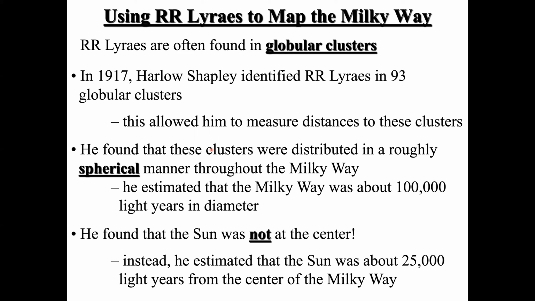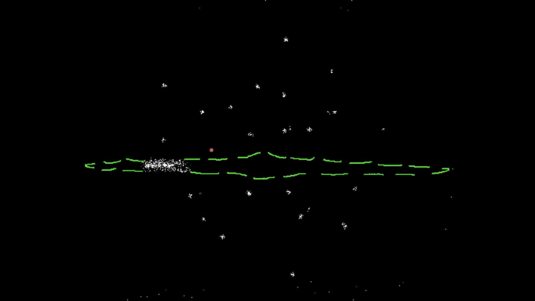I think we discussed this earlier as well for the globular clusters. He was able to estimate that the Milky Way is about 100,000 light years in diameter, and the Sun was not at the center, from this method. He estimated that the Sun was about 25,000 light years from the center of the Milky Way. And here is the map that he made, and you can see that this map makes more sense compared to the previous map.